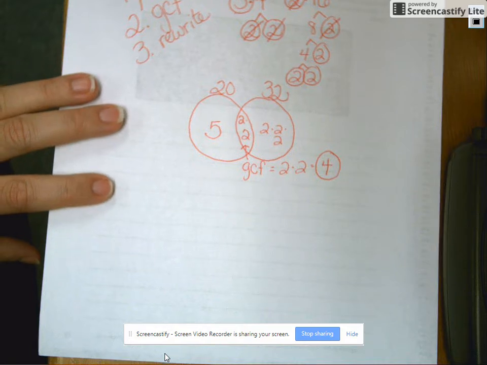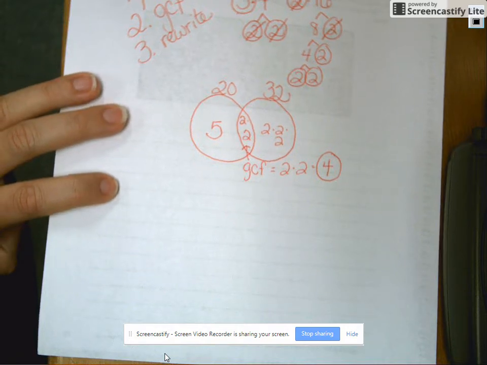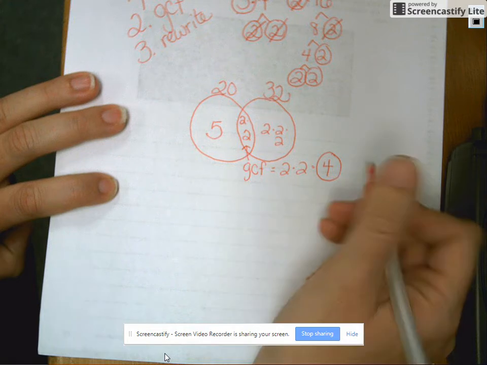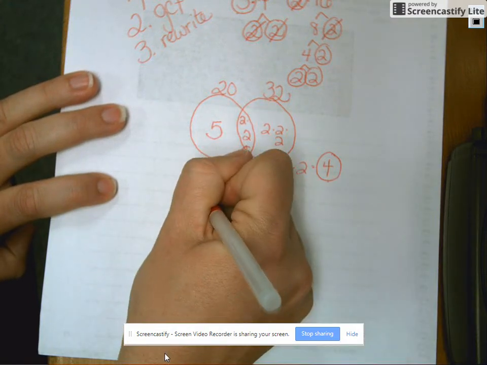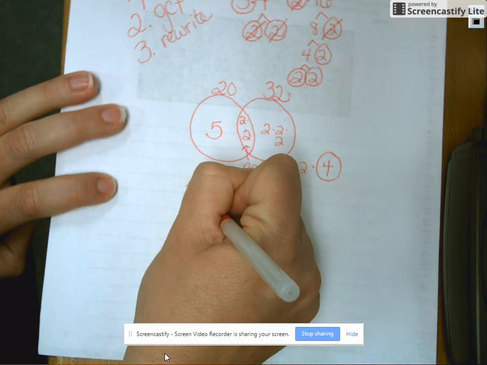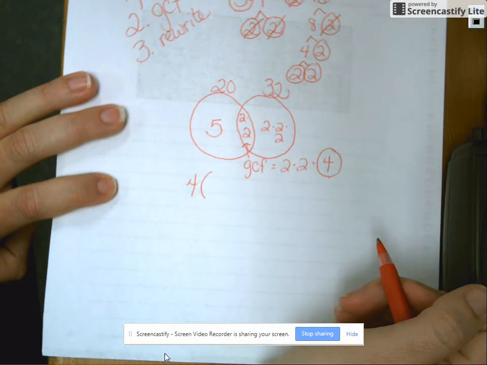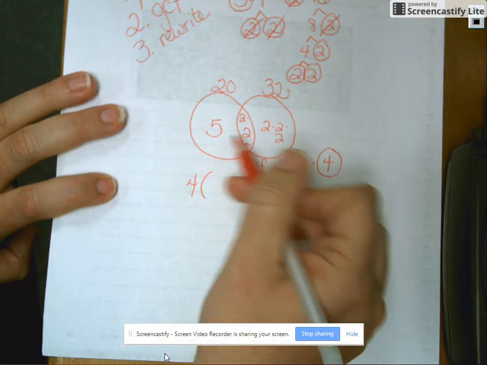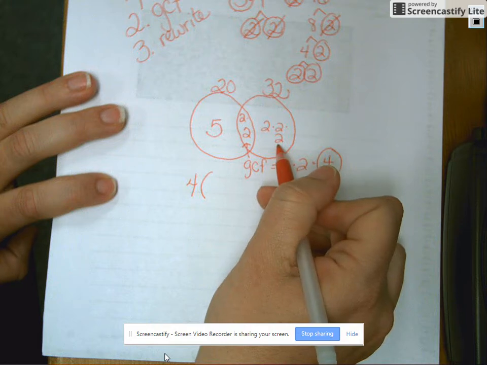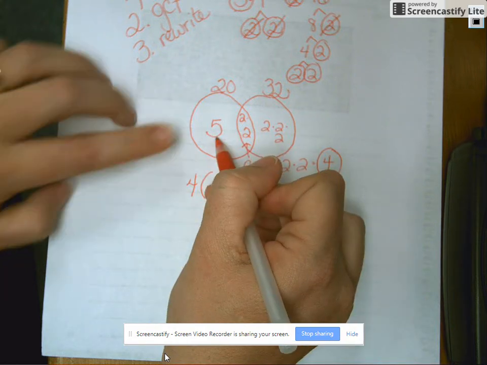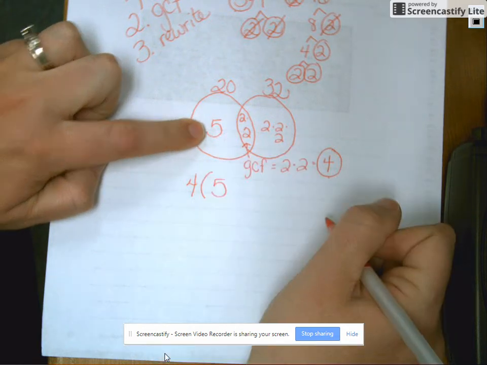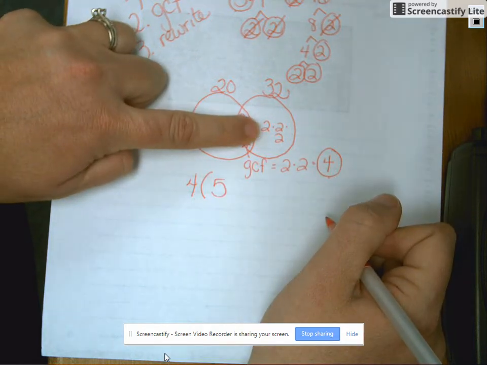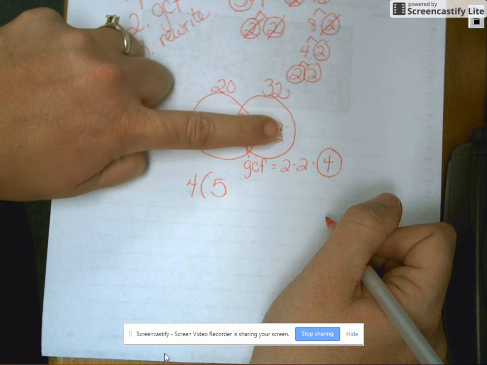To write our equation using the distributive property, I take my greatest common factor, which is 4, and then I take everything left over on the inside of our circles. So 20 had a 5 left over, so I put a 5 here. And 32 had 2 times 2 times 2.